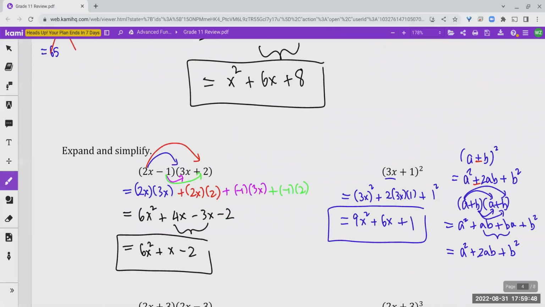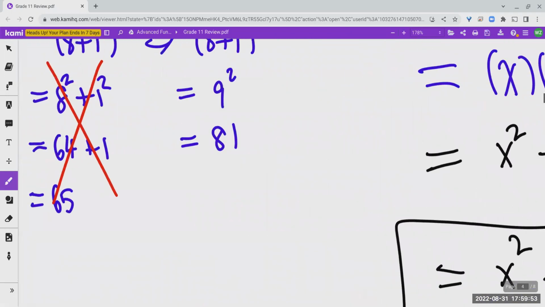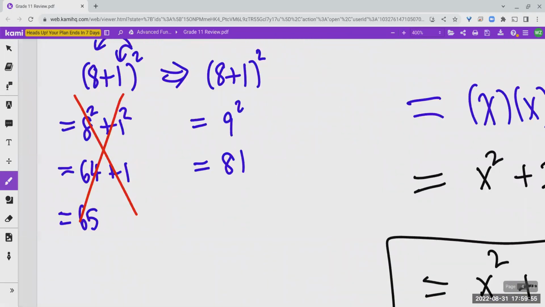Actually, let us go back and do this using the method we learned in grade 10. So (8 + 1) squared.